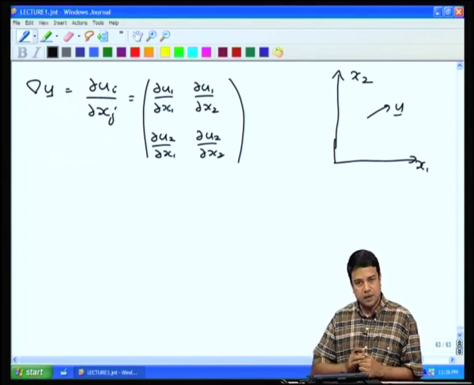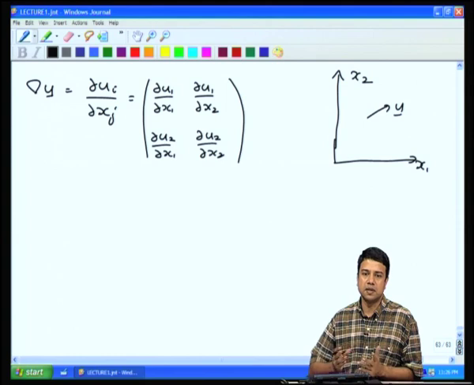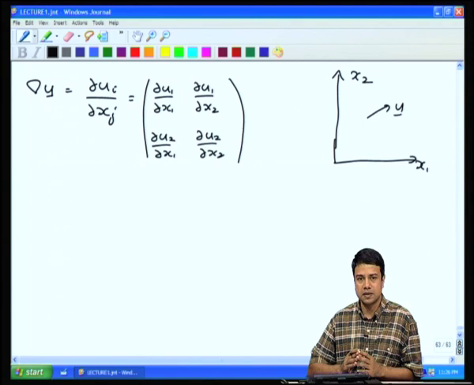Now, any matrix of this kind, these are always square matrices, because in 2 dimensions it is 2 by 2, in 3 dimensions it is 3 by 3. Any matrix can be written as the sum of a symmetric and an antisymmetric matrix.